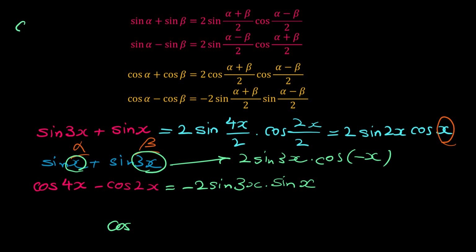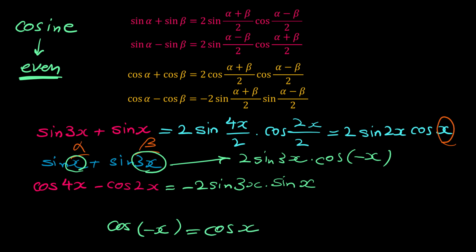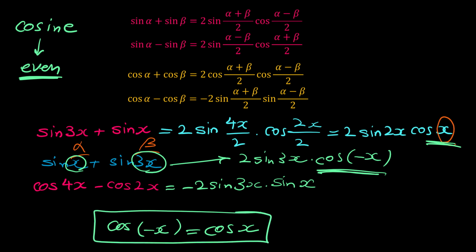So please attention, cosine is an even function. What this means is that when a function is even, the negative is not important for the function. Cosine of negative x is the same as cosine of x. So there is no difference between cosine of negative x and cosine of x because these are equal. And this is because cosine is an even function.